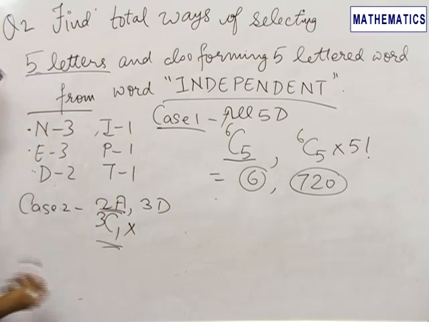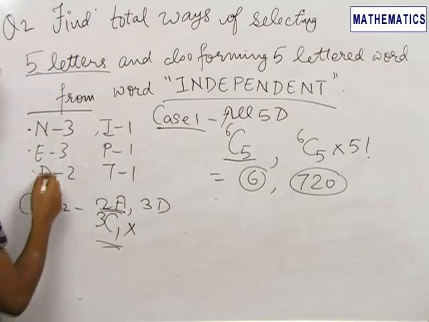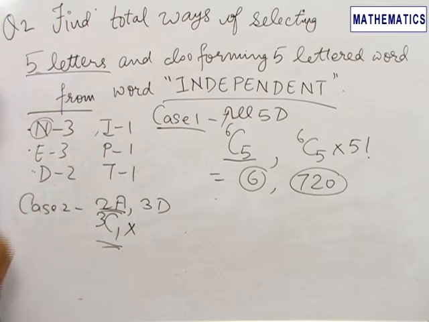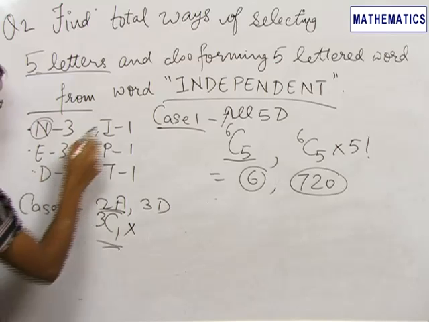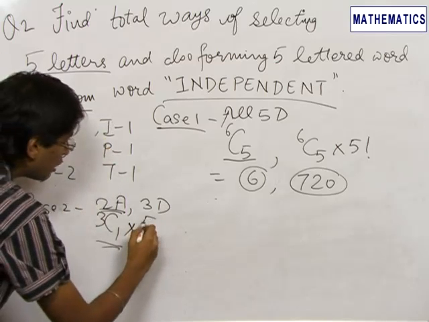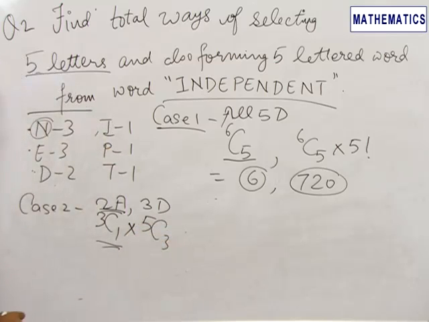Now 2 alike alphabets have been selected, we want 3 different. Now let's say we selected N. So the alphabets which remain are E, D, I, P and T, that is 5, and we need to select 3 out of these.